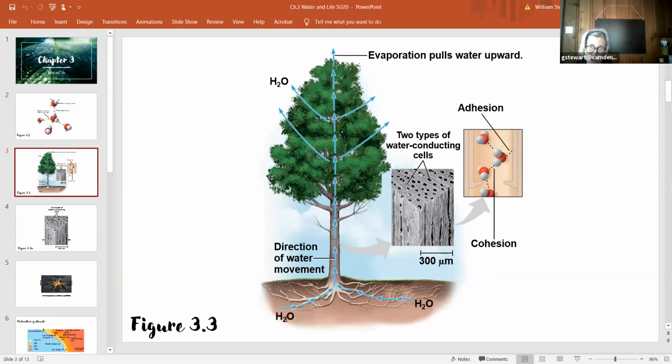So in this picture, we are looking at a tree, and we're looking at how water is transported from the roots of the tree all the way up to the leaves. And one of the mechanisms of how this can possibly happen is because of cohesion of water to water and adhesion of water to other charged surfaces.